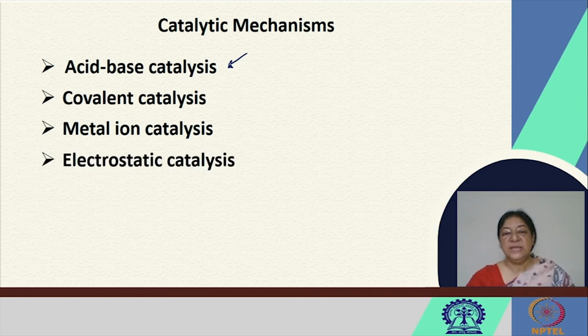There is electrostatic catalysis based on our enzymatic active sites involving electrostatic interactions. So these are the different types of interactions that can occur between the enzyme active site amino acid residues and the substrate molecules.